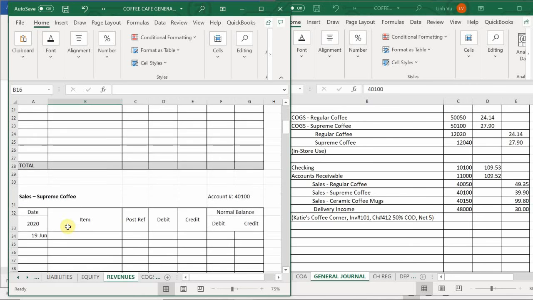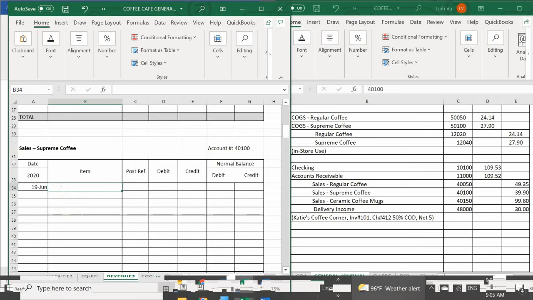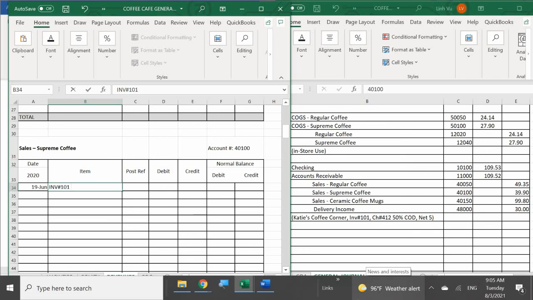Okay, so then for my Supreme Coffee, how many pounds of Supreme Coffee did we sell to Katie? 10 pounds. For 39.90.